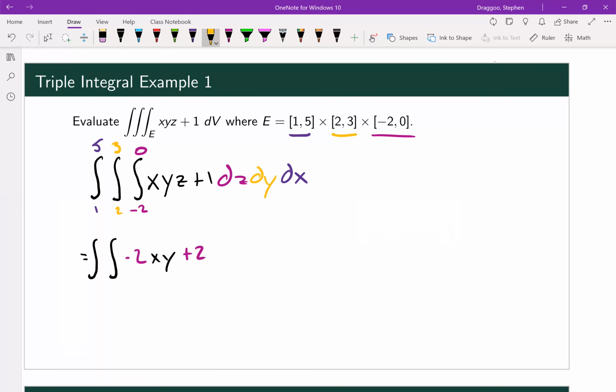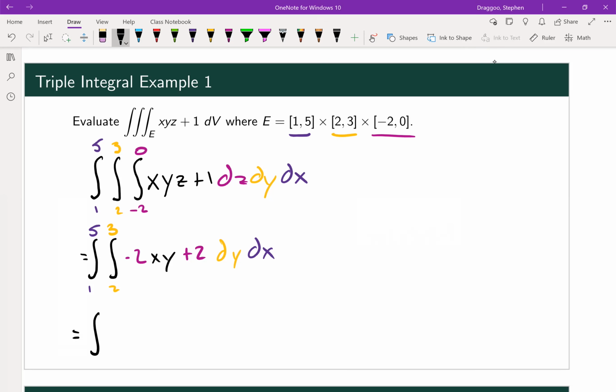If my math works out, we still have dy and dx happening after that. dx still from 1 to 5, and dy still from 2 to 3. One more integral to go, or rather 2. But after we do the y integral, we'll only have 1 left.